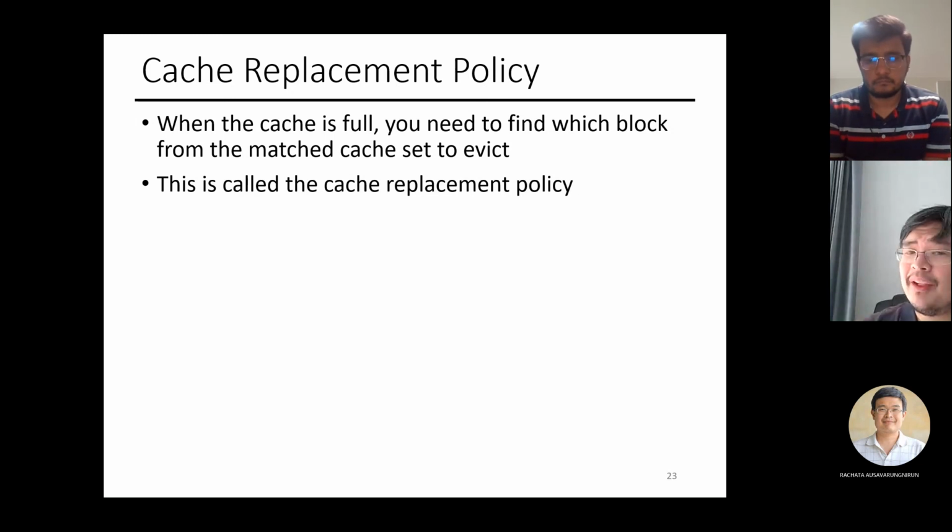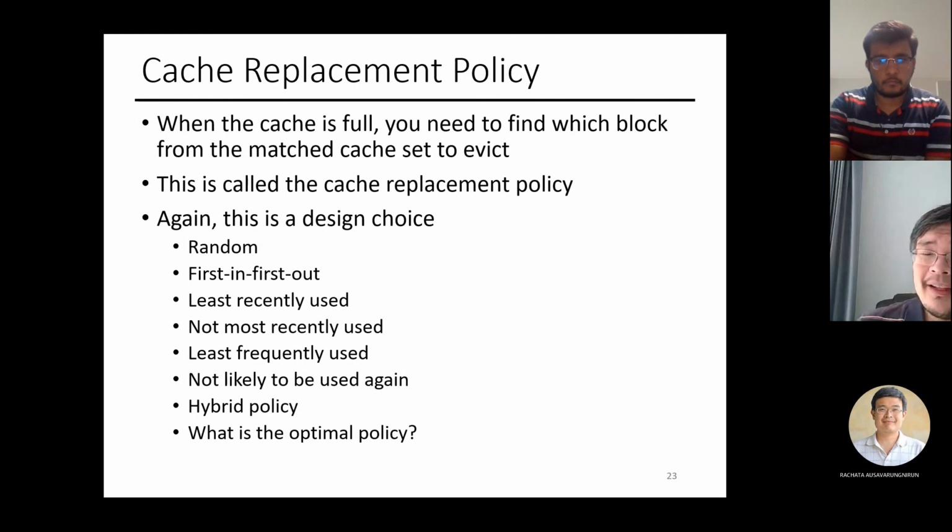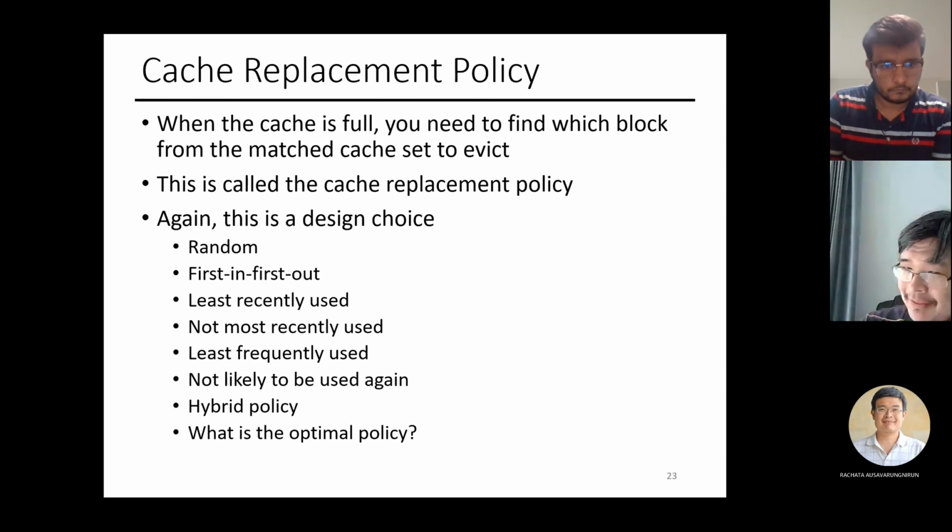And it actually does make a lot of sense, right? Other design choices are, I want to make it cheap, random policy, I pick something. First in, first out. Not most recently used: basically, I would make sure I mark the cache block that I just used, and I don't care about everything else. I would kick something that's not most recently used.